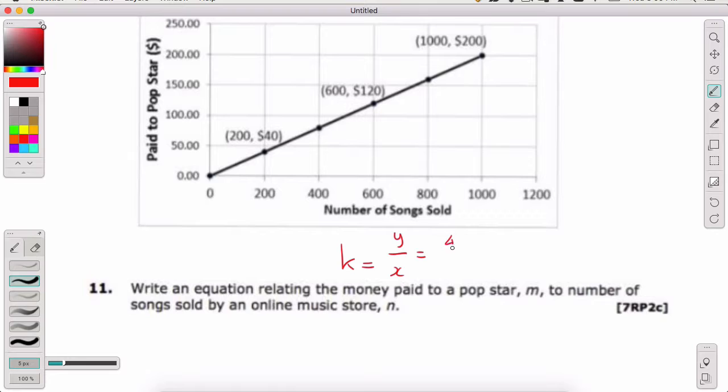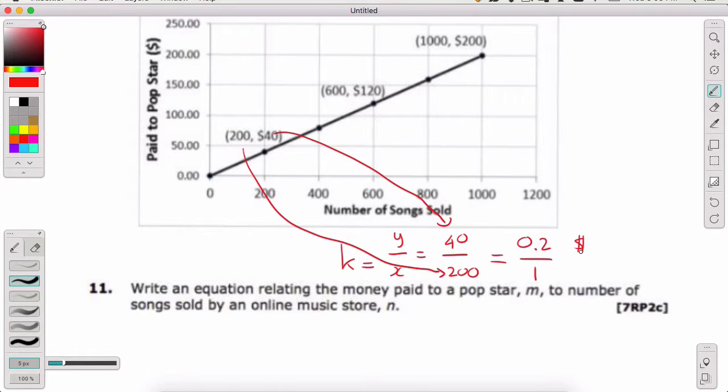In this case, 40 divided by 200. I'm getting that from here. That's 40 divided by 200, which equals 0.2 over 1. So in other words, $0.2 per 1 song, because my Y thing is dollars and my X thing is songs.